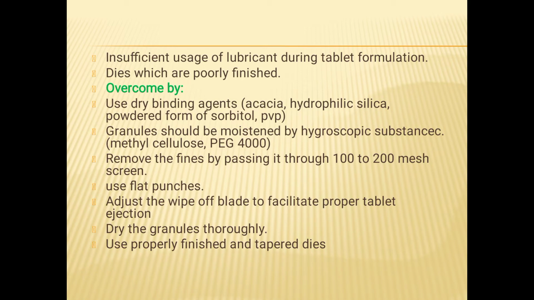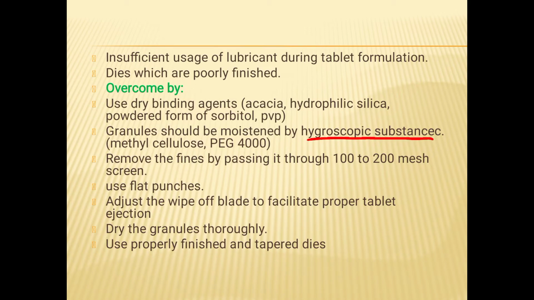So these problems are overcome by using dry binding agents like acacia, hydrophilic silica, powdered form of sorbitol, and PVP. Granules should be moistened by hygroscopic substances like methyl cellulose and polyethylene glycol 4000.